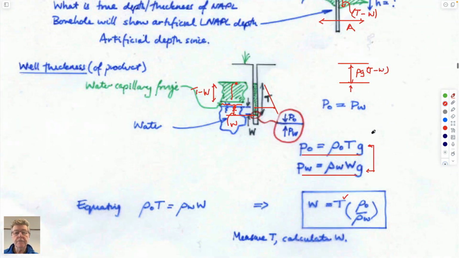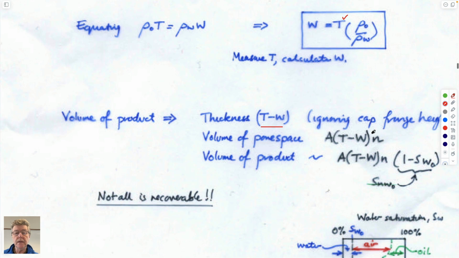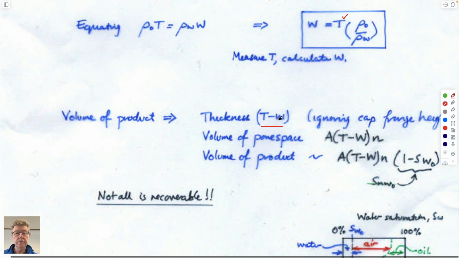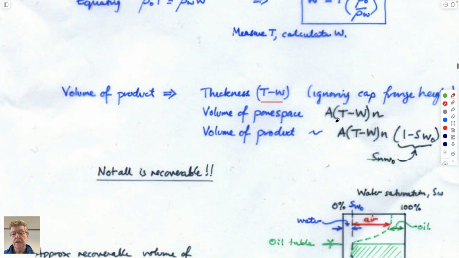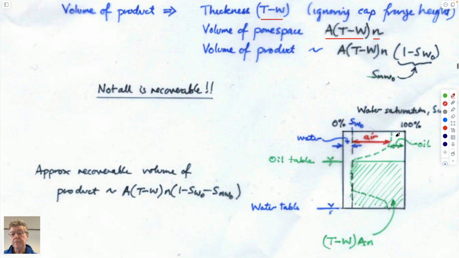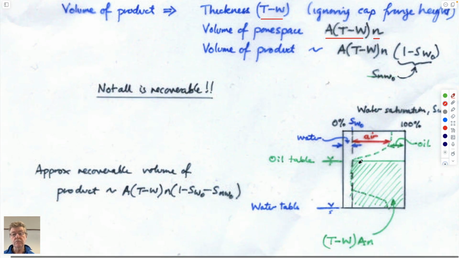So if we want to calculate the volume that's present, then the thickness is going to be T minus W. The pore space is going to be the area times the thickness multiplied by the porosity. So this is pore space. And we know that within that pore space, if we look at what we've looked at before, these are the distributions of behavior. So this is the amount of water that's left. This is the oil table that we've just talked about.